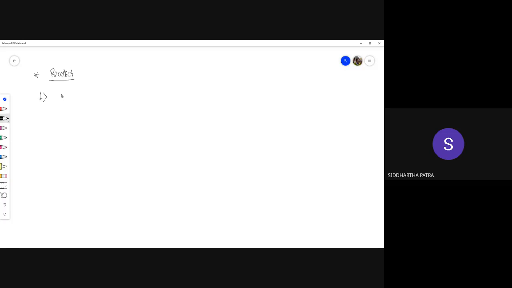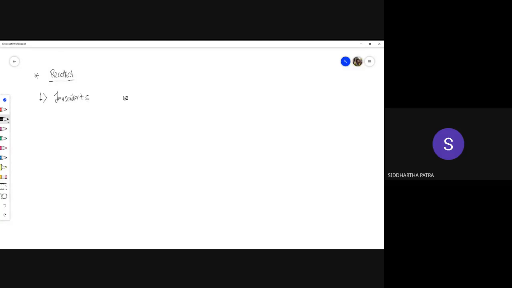recall that there are three invariants for a general matrix T in Lin.